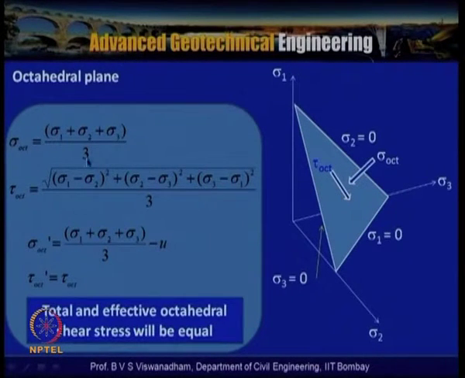So sigma octahedral is sigma 1 plus sigma 2 plus sigma 3 by 3, and tau octahedral is nothing but the square root of sigma 1 minus sigma 2 whole square plus sigma 2 minus sigma 3 whole square plus sigma 3 minus sigma 1 whole square, by 3. So sigma dash octahedral is equal to sigma 1 plus sigma 2 plus sigma 3 by 3 minus u, and tau dash octahedral is equal to tau octahedral. So total and effective octahedral shear stresses will be equal.